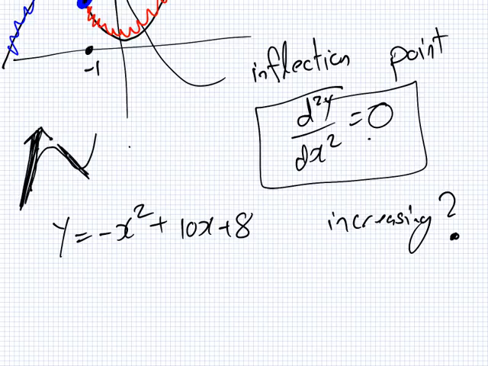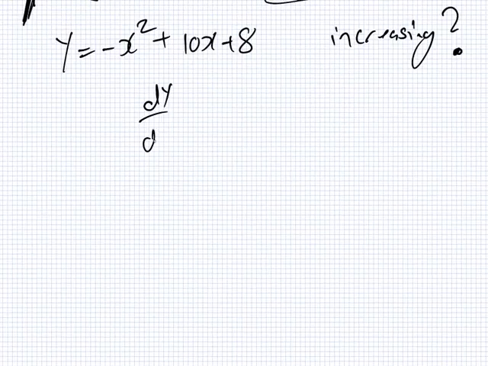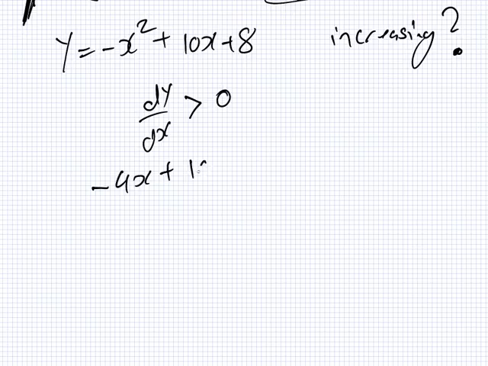Because when it's decreasing, the slope is negative. So that means if you want to know when this is increasing, you want to know when this here is positive. So that means you want to know when this here, the derivative, is positive, which means you want this.